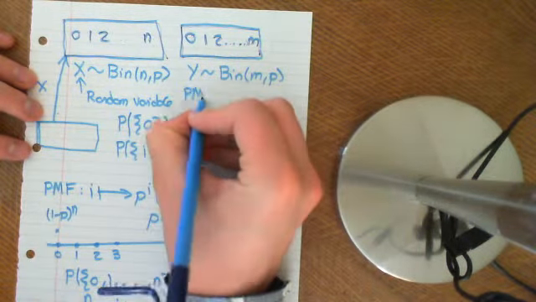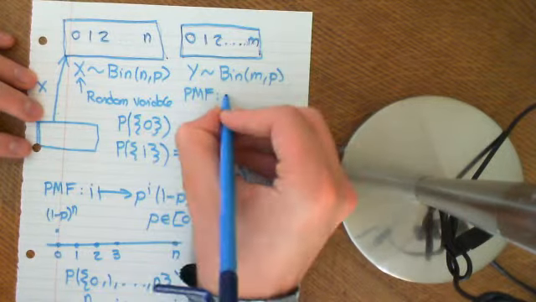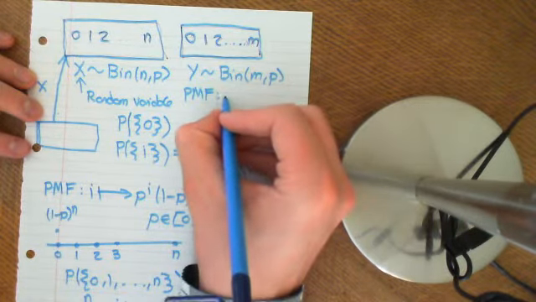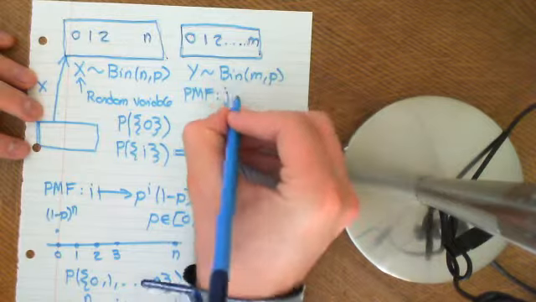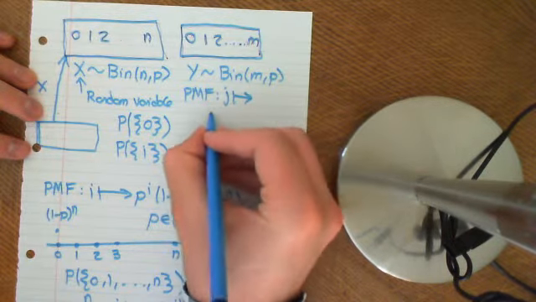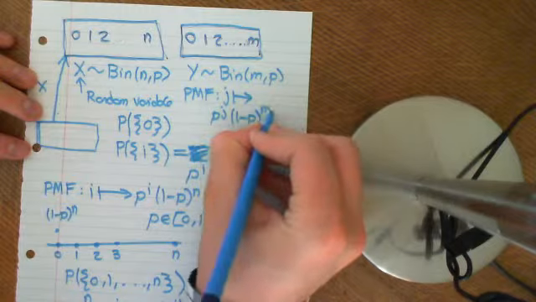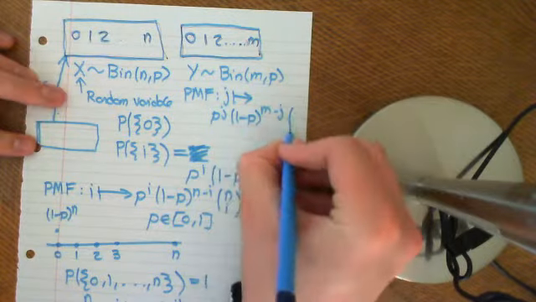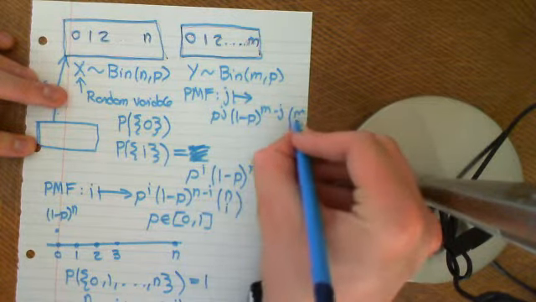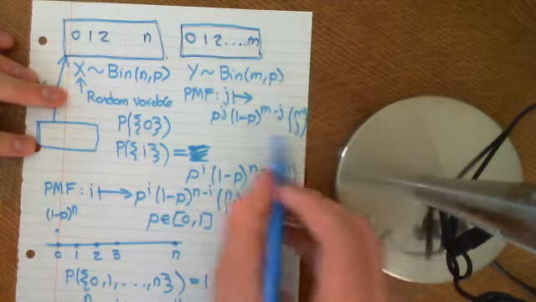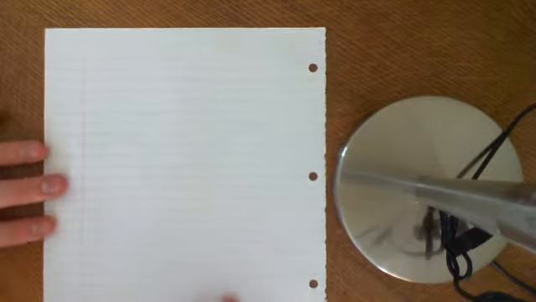So its PMF is going to map any old value, let's say j, onto p to the power of j, 1 minus p to the m minus j, times m choose j.